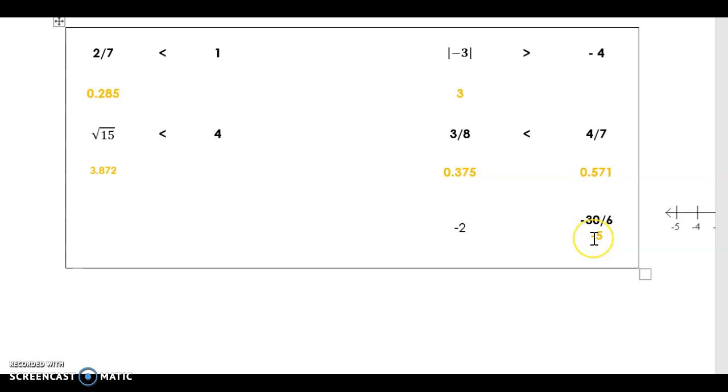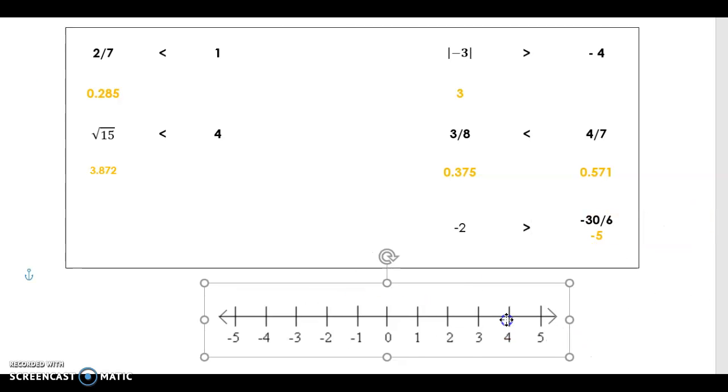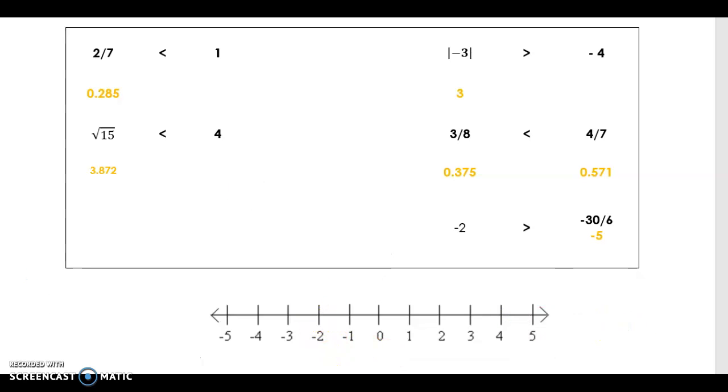So now comparing -2 and -5, this can trick people, but -2 is larger than -5. Take a look at a number line just to kind of make some sense of it and see the concept behind it. So here's -2. So if I went ahead and drew a dot on -2, and I drew a dot on -5, hopefully now you can visually see that -2, although its number portion seems smaller, actually is closer to my positive numbers.